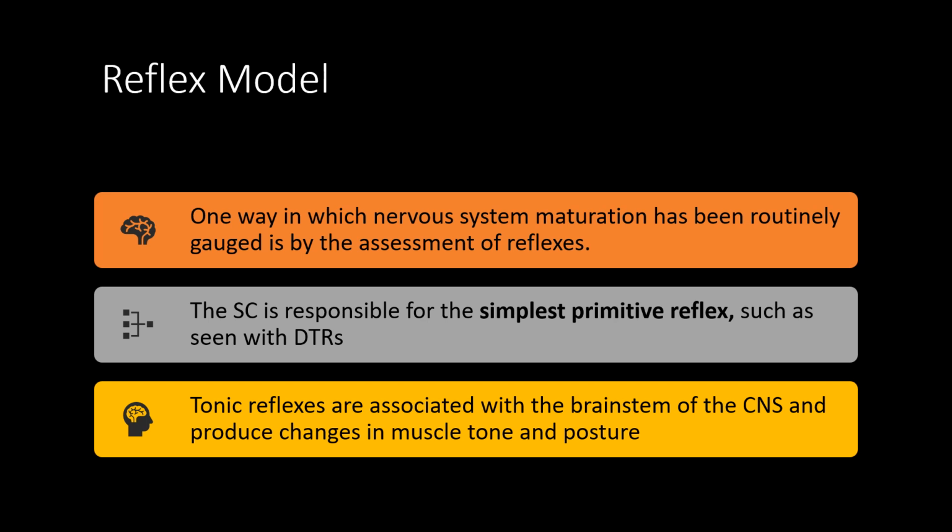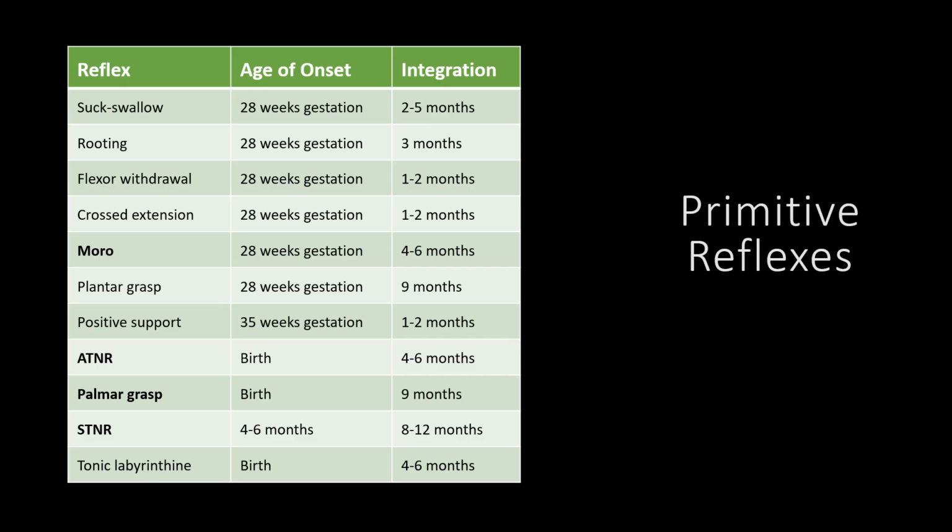The spinal cord is responsible for the simplest primitive reflex, like we talked about, that quickest initiation, such as how we see with DTRs. Tonic reflexes are associated with the brainstem of the central nervous system, and they produce changes in muscle tone and posture. So there are different types of reflexes that we're going to be talking about as we progress through neuro here.